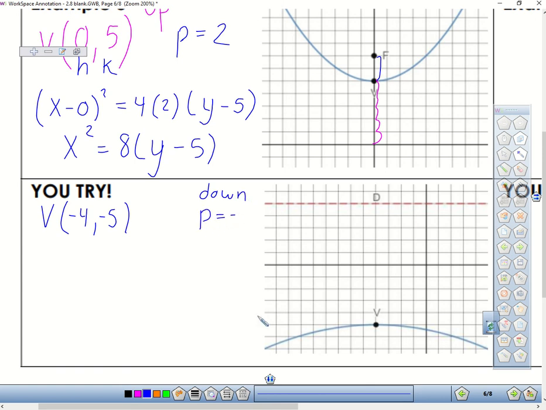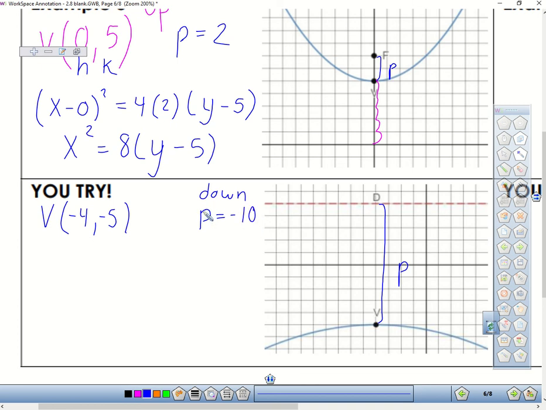Negative something, right? Now, we know that the distance from the vertex to the focus is p. The distance from the vertex to the directrix is also p. So how many units is that? Yeah, 10, you're right. -10 is your p.